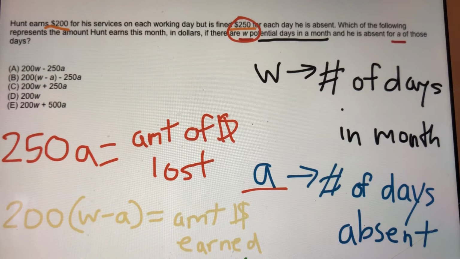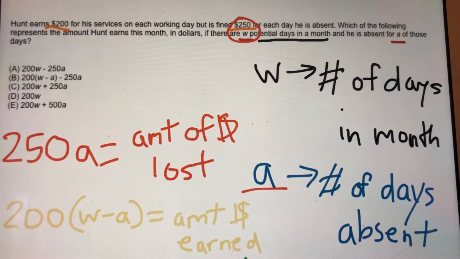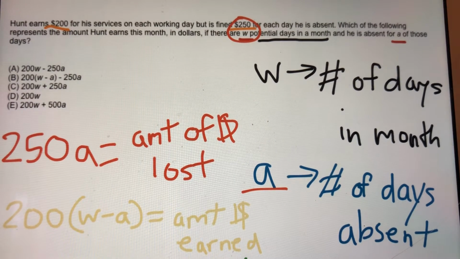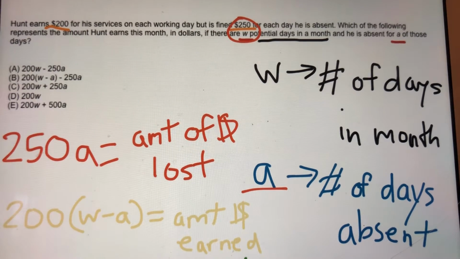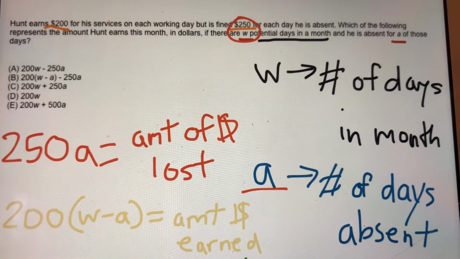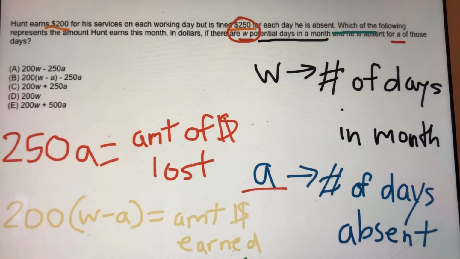So now, how do these two relate to each other? This is the final part of the question. We have the amount of money earned and the amount of money lost. The question is asking which of the following represents the amount Hunt earns this month in dollars.